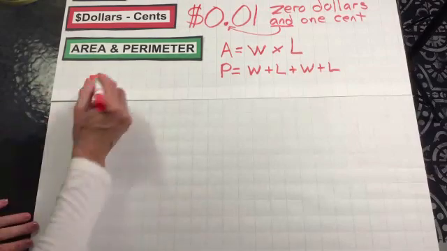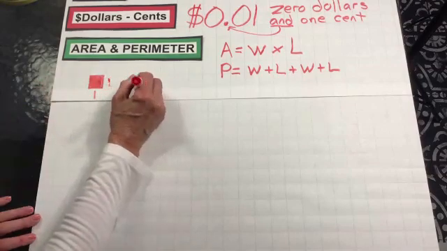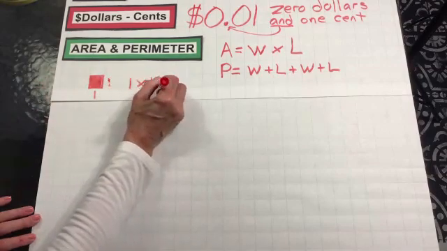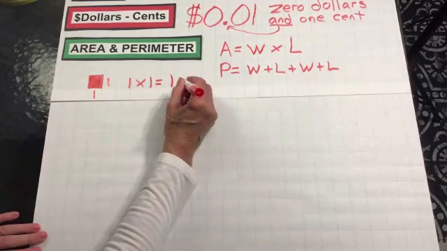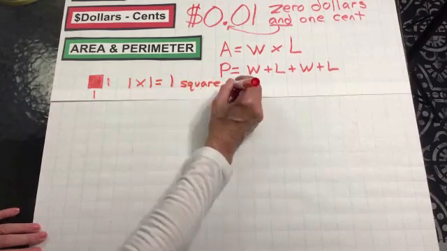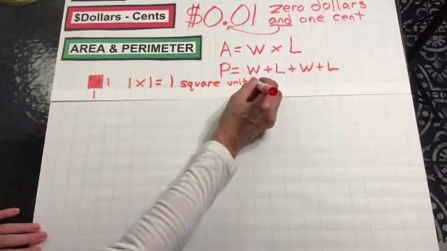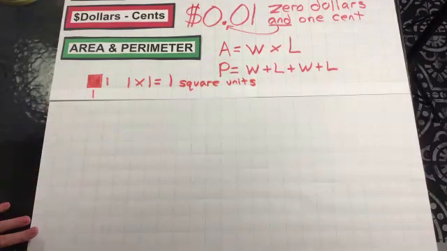The width is 1 and the length is 1. So this would be 1 times 1 equals 1. And area is always represented as square units. Square units. And you can see there's only 1 square unit there.